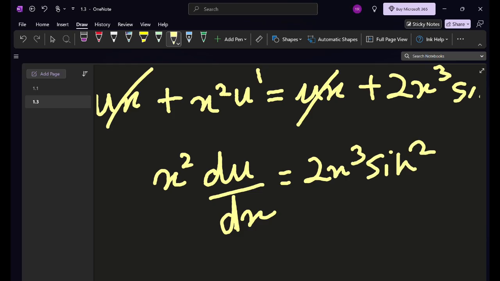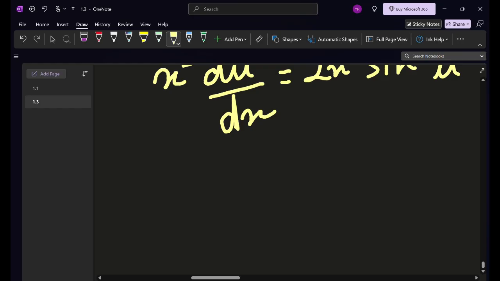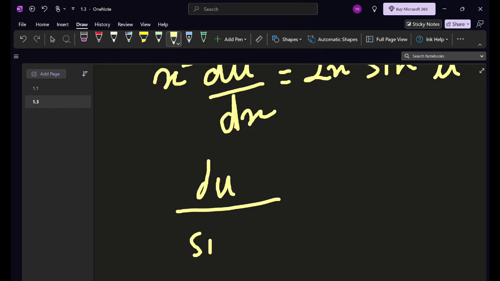to 2x cube sine square u. Now we are going to separate the variables and then proceed with the integration. So let me just separate the variables.